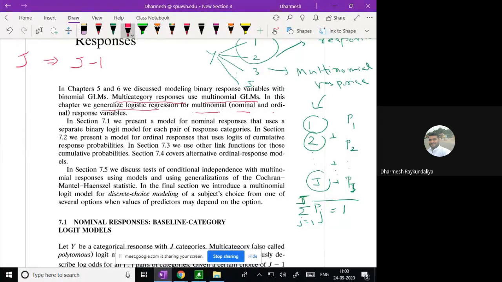So there are two types of variables. When the response is categorical, it is nominal or ordinal. If both have more than two categories, these all belong to the multinomial response.